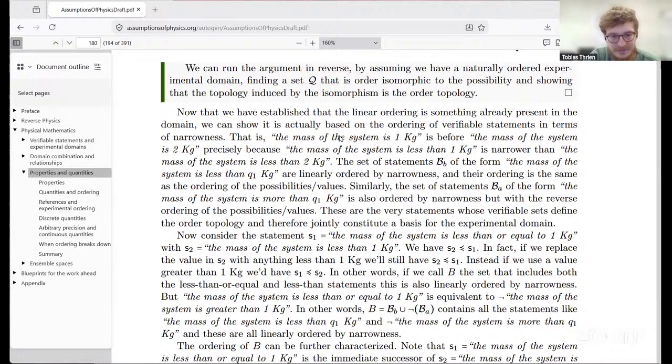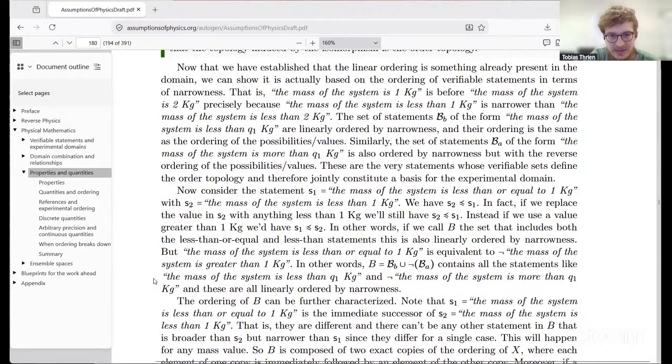In other words, B is the union of all statements of type B, which is everything less or equal, with the negation of all the other ones, and contains all statements like "the mass of the system is less than Q1 kilogram" and "not the mass of the system is more than Q1 kilogram." And these are all linearly ordered by narrowness.